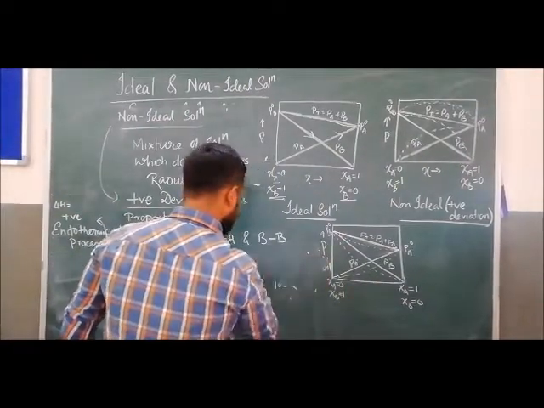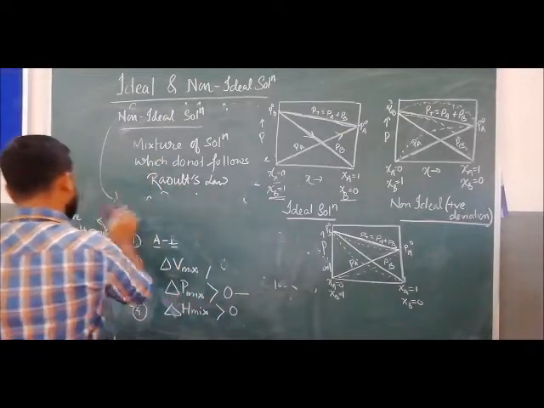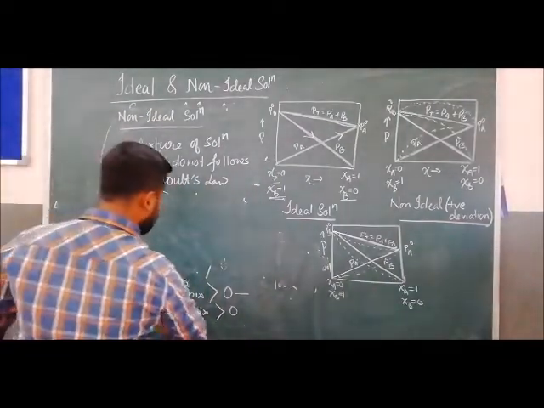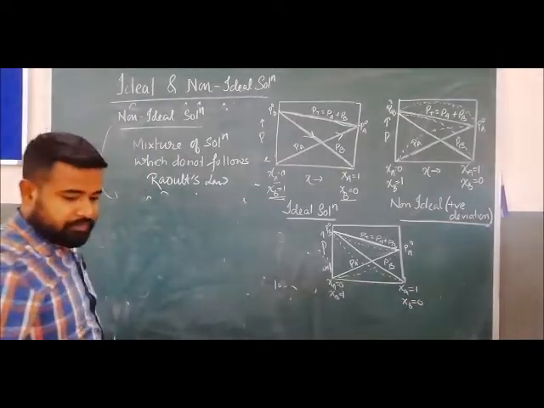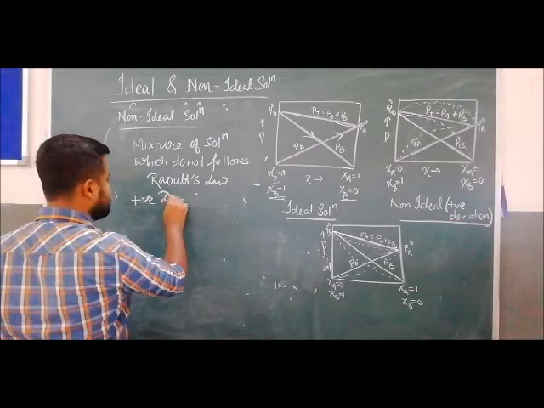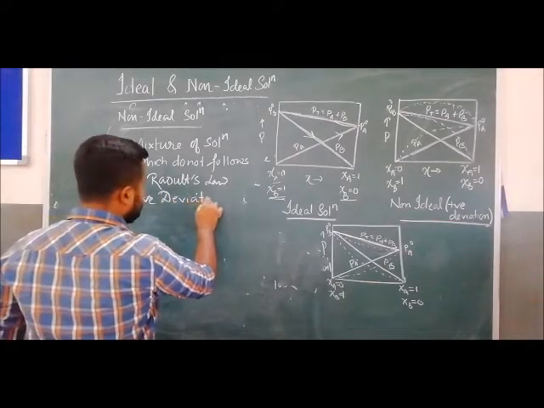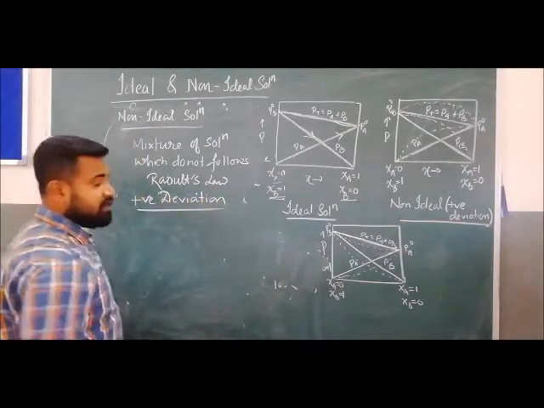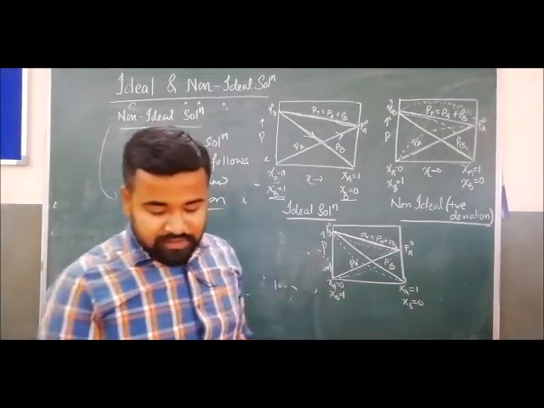Next, now we see what the examples of non-ideal solution with positive deviation are.